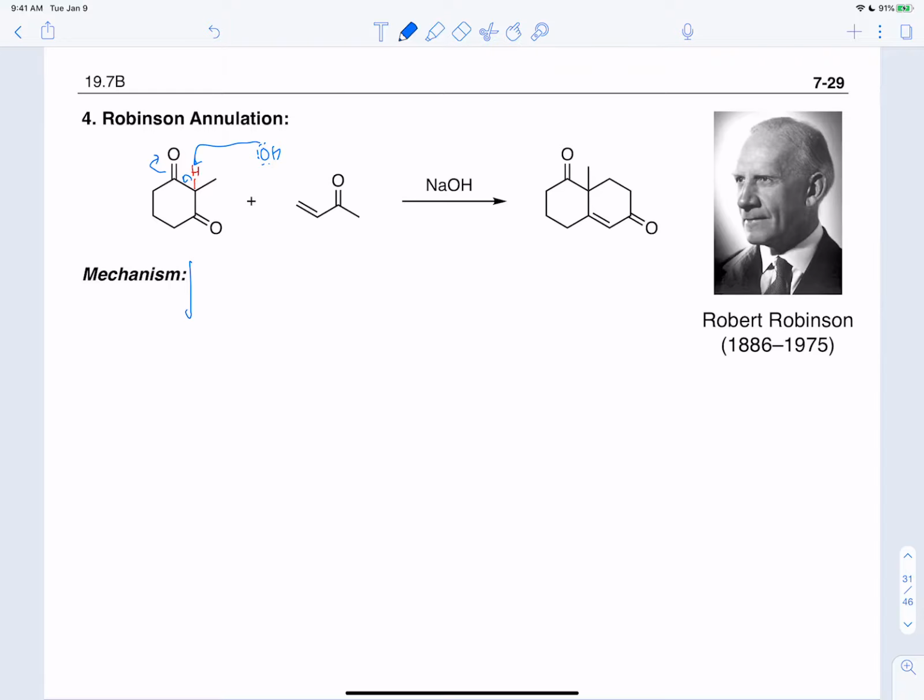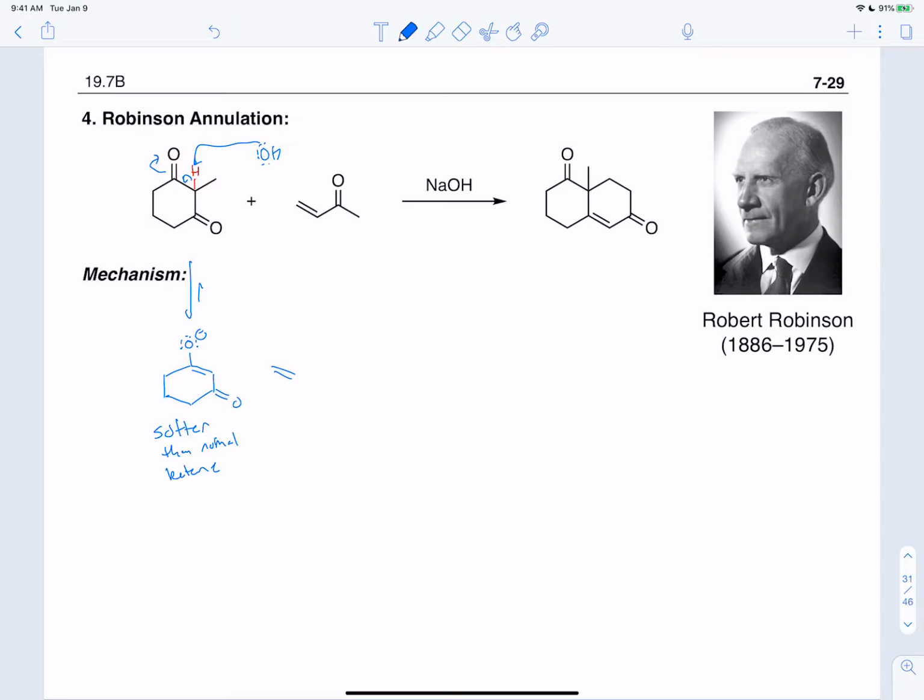This equilibrium, as we'll soon learn, is actually much more favorable. This makes quite stabilized anions. So this has more resonance delocalization, so that you could even say that this is going to be softer than a normal ketone.